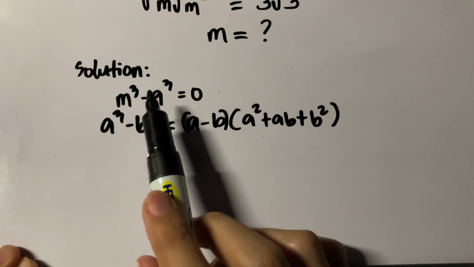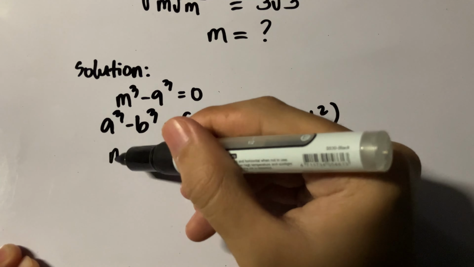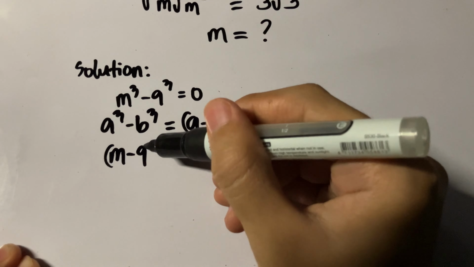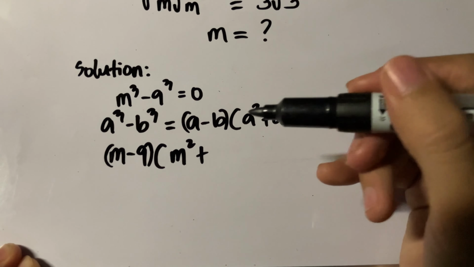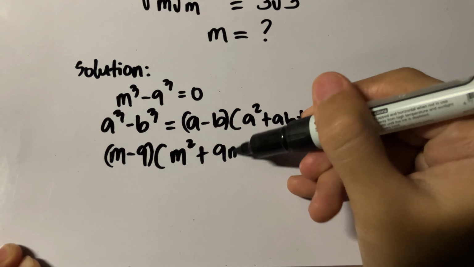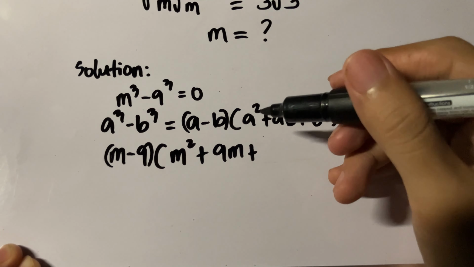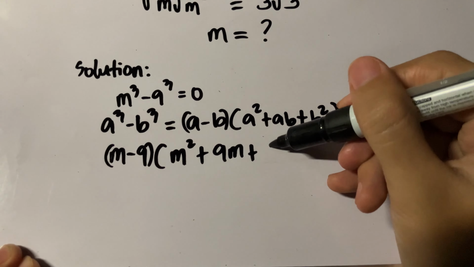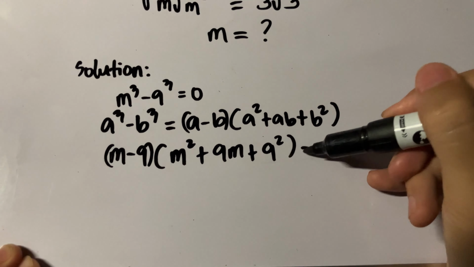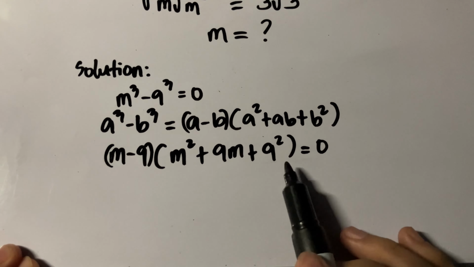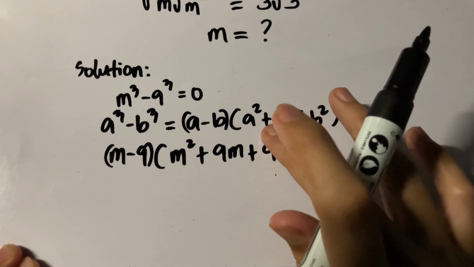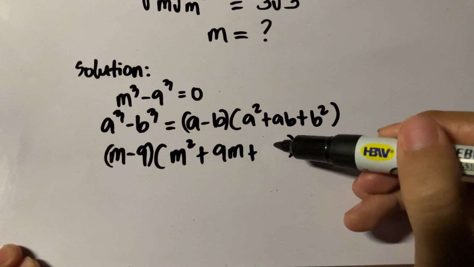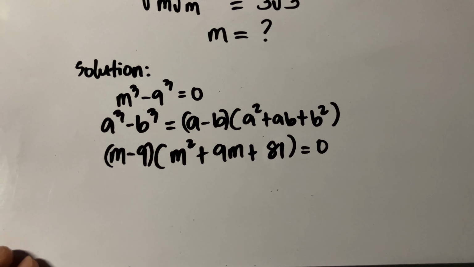So for this, this is now m minus 9 times m squared plus 9m plus 9 squared, then equals 0. For this 9 squared, that is equal to 81. So let's change it into 81. Next, we can equate both to 0.